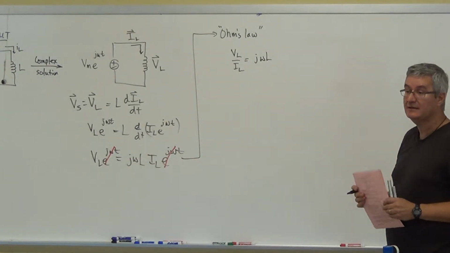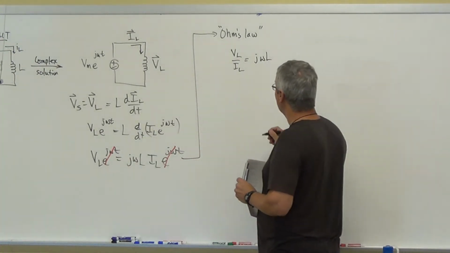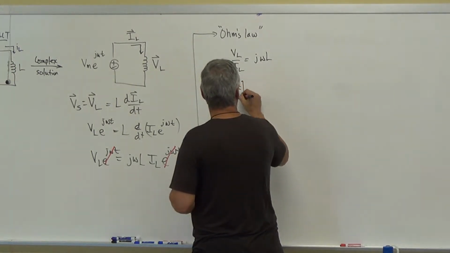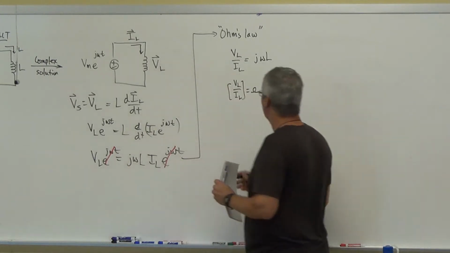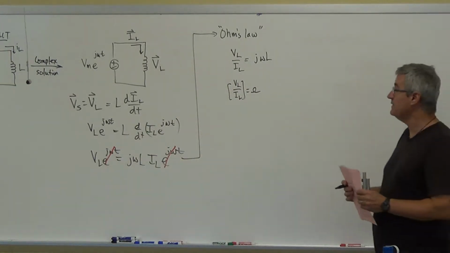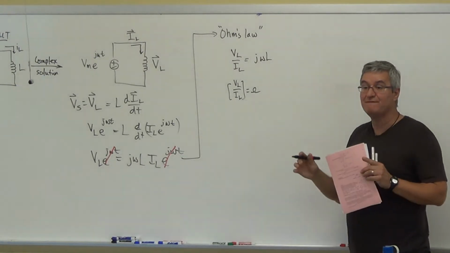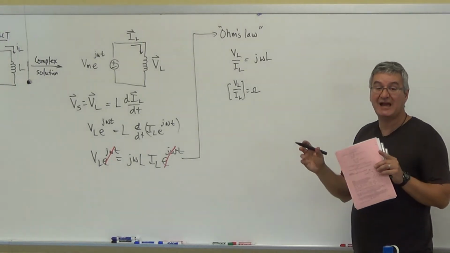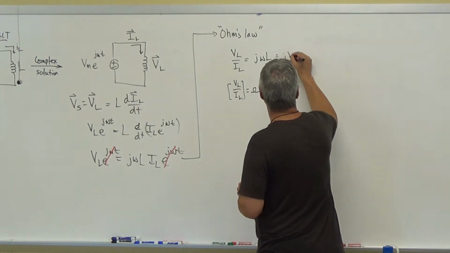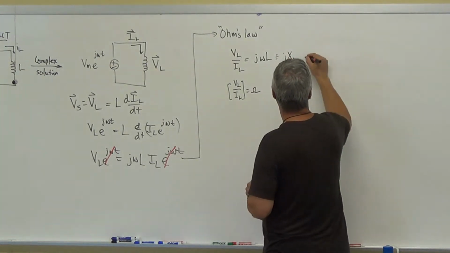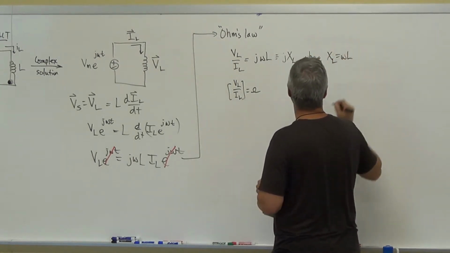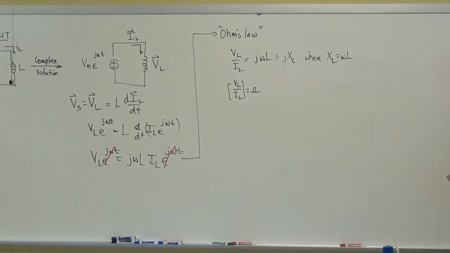And so immediately what you're seeing here is that, remember, the units of voltage over current have to have units of ohms. So that means this has a resistive type behavior here. So what they do is define this as XL, where XL, of course, from what we talked about in lab, must be this here.